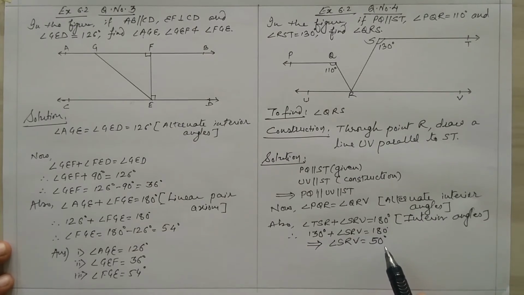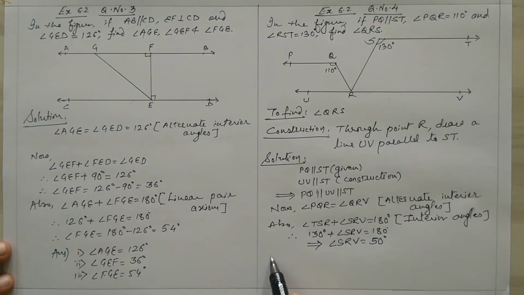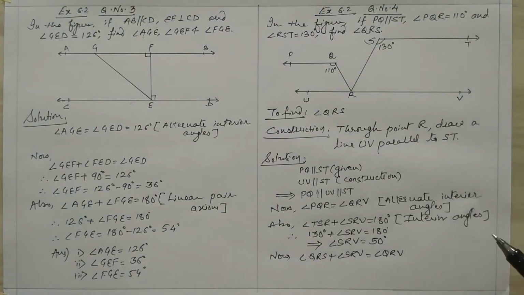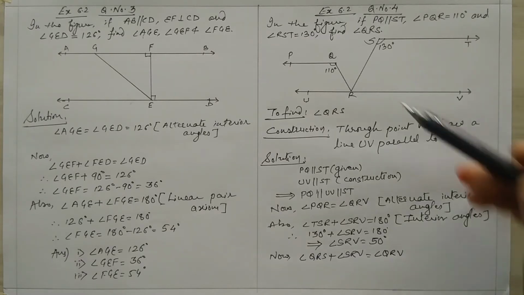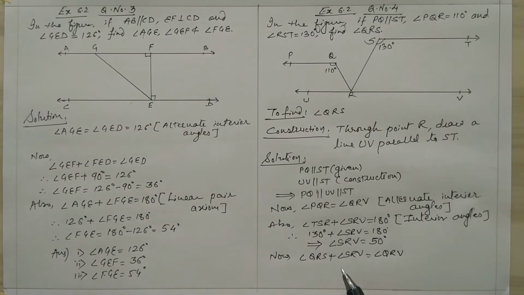Our target is not to calculate SRV. Our target is to calculate QRS. Now you see angle QRS plus angle SRV is equal to angle QRV. You can see QRS and SRV, they are forming a pair of adjacent angles where RS is a common ray and RQ and RV are non-common rays or arms.